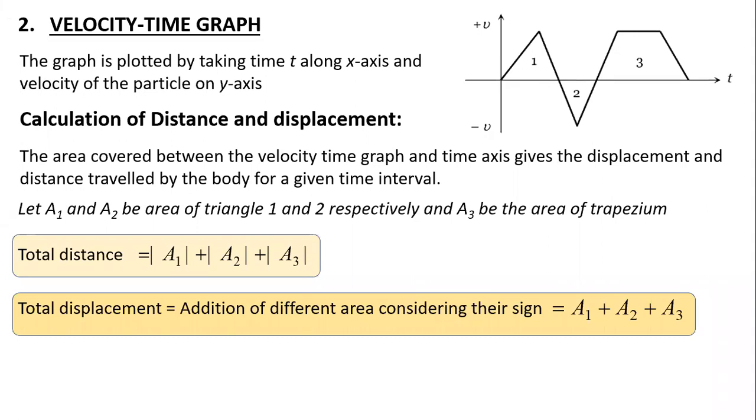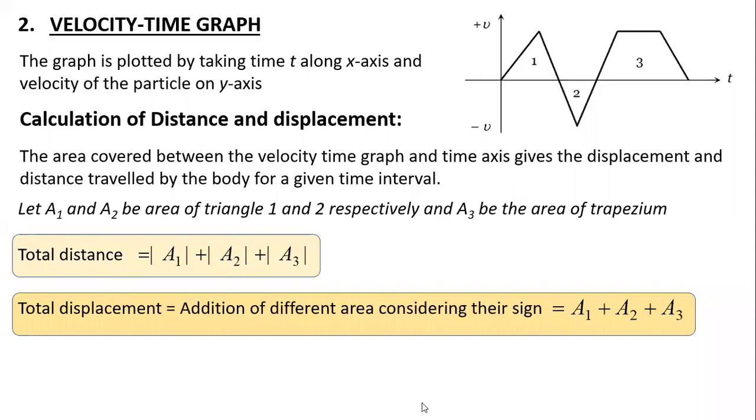It is related to your velocity. So the positive velocity area will be positive and the negative velocity area will be taken as negative. It will be first area minus second area plus third area. For displacement, I need to consider the signs as well. If it is below the axis, the area will be negative. If it is above the axis, the area will be positive.